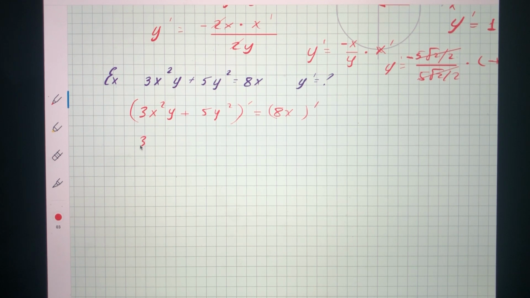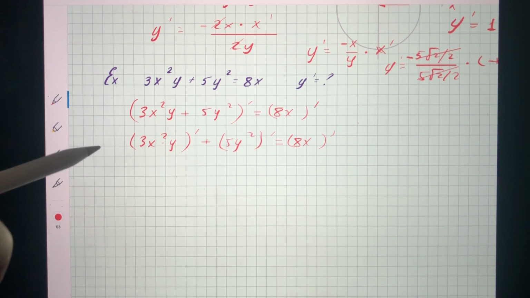So taking a derivative of 3x squared y, what rule would we use? And what rule would we use when we take a derivative of 5y squared? So here, the derivative of 3x squared times y, that's a product rule because we're multiplying two different functions. So using the product rule, what would it say?